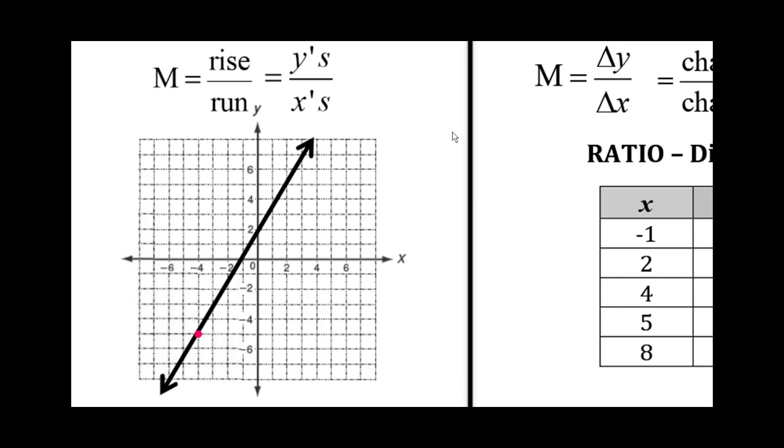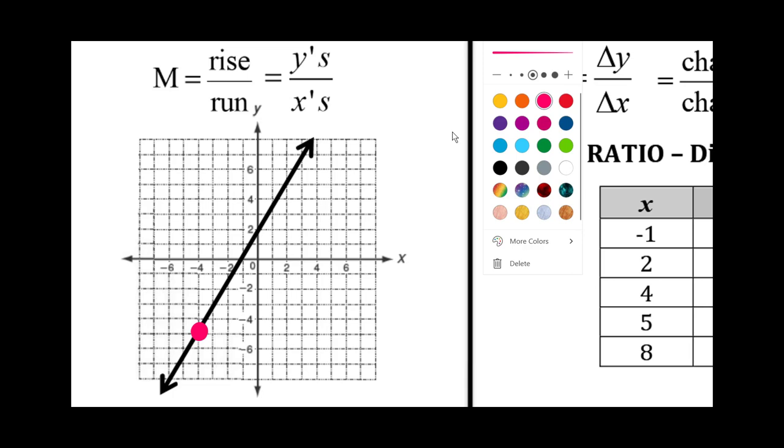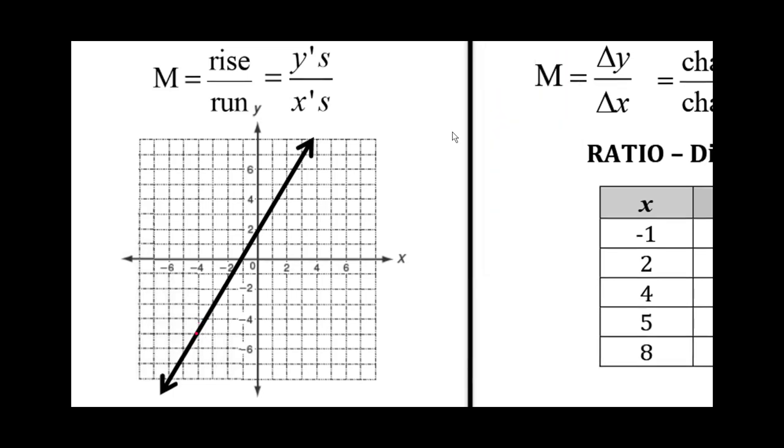Okay, so I see one, wow, right there. I'm going to make that dot a little bit smaller. And right there. And right there. Okay, so I've got about 3 dots that I've identified that I could name those points.